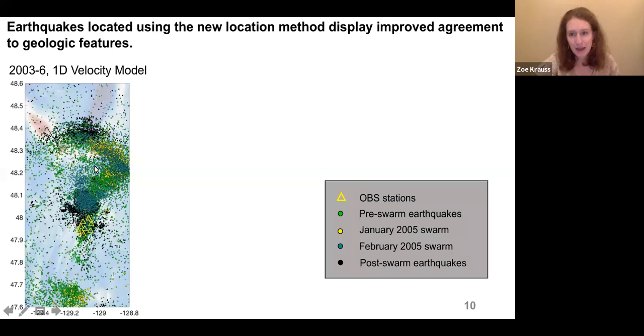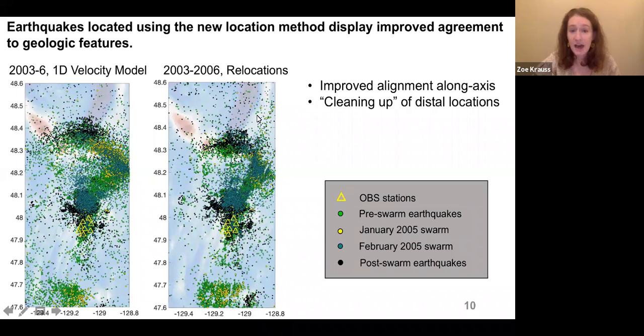This is a lot to look at, but the emphasis here is how improved the locations are with the 3D velocity model. So that's what I'm going to plot next. And immediately you can see how much better the alignment is along this ridge axis here, the improved agreement to geologic features.